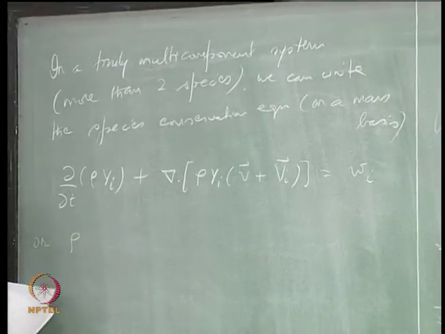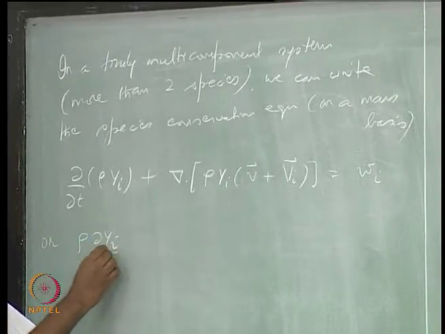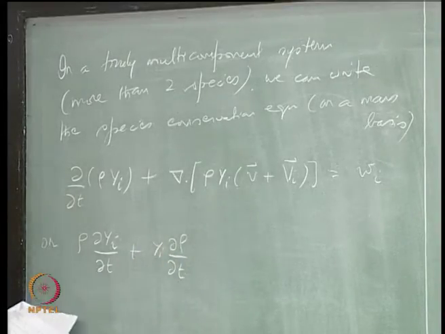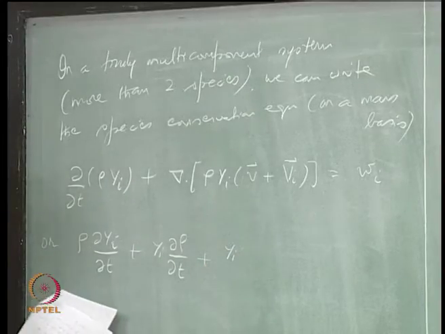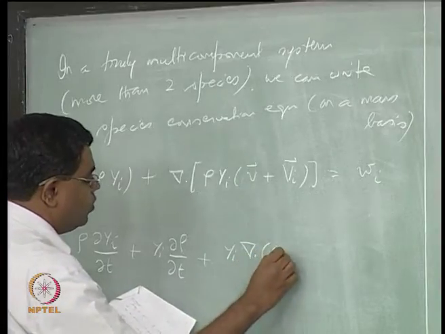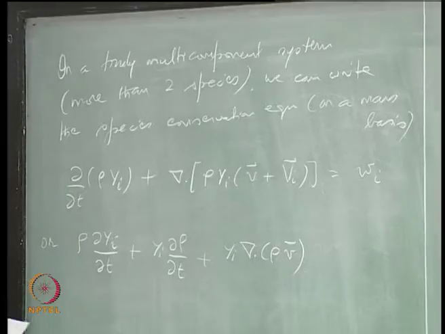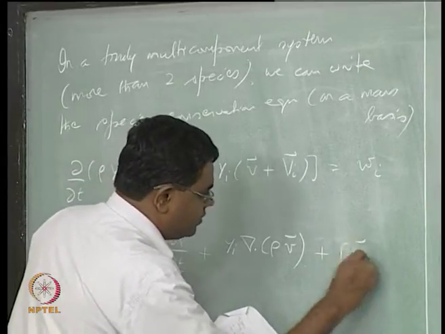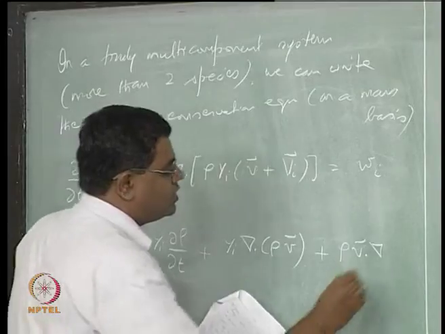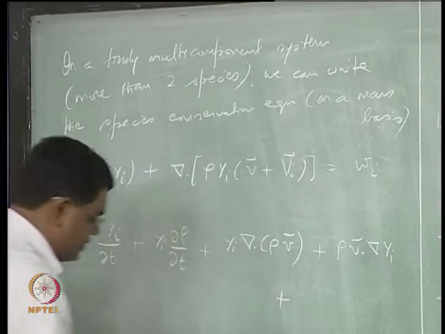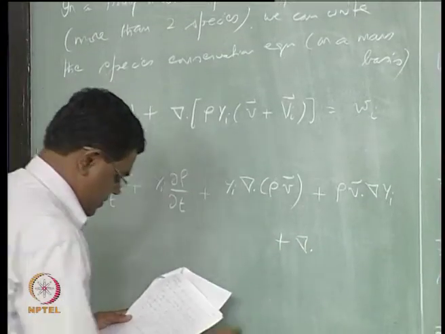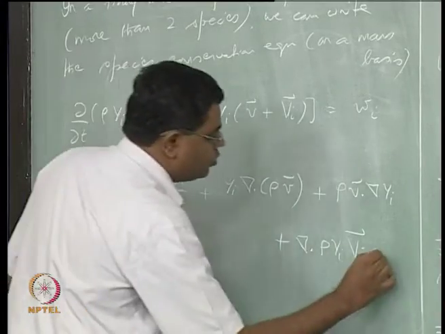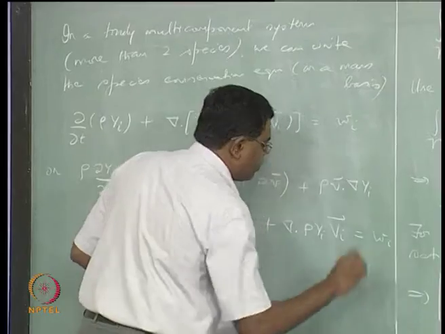We can now try to do a few things. Pull out the rho, use the chain rule, so you can write Yi dou rho over dou t plus Yi divergence of rho V, with the mixture average velocity, plus rho V dot gradient Yi plus divergence of rho Yi times capital Vi is equal to Wi.